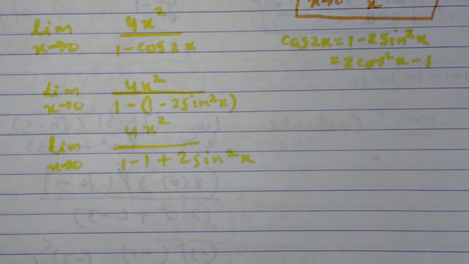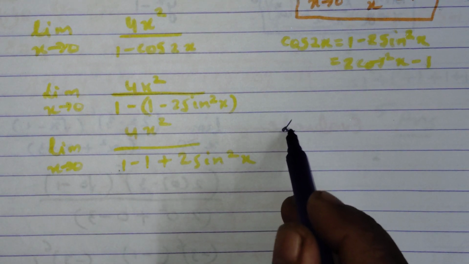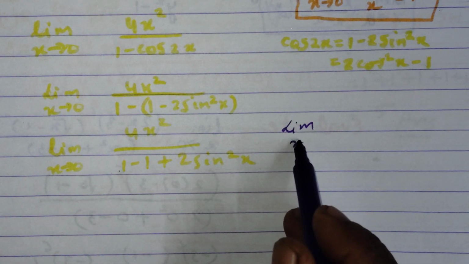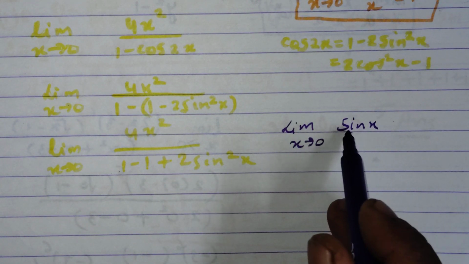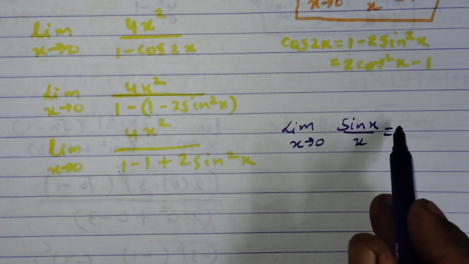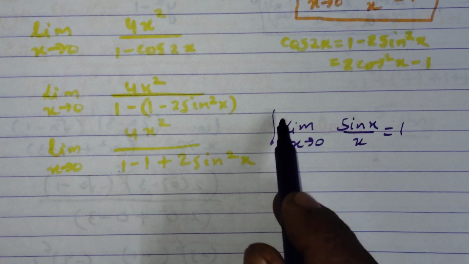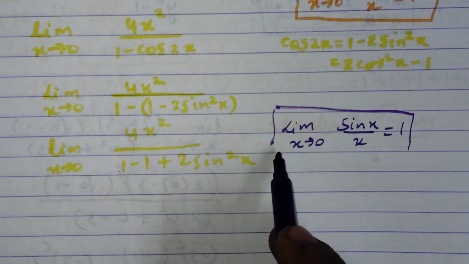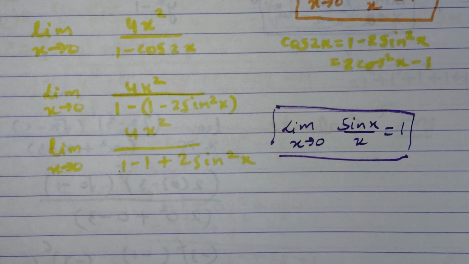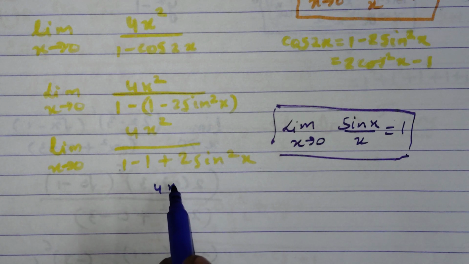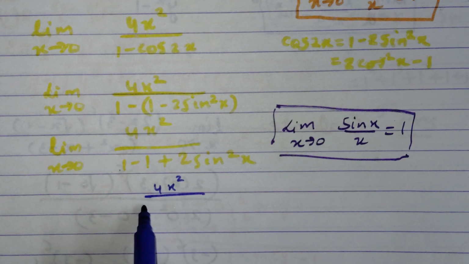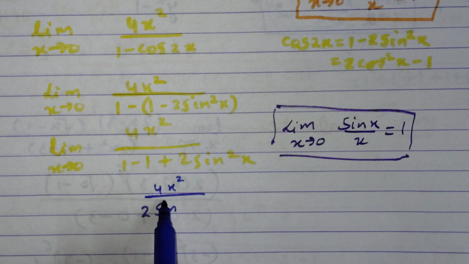Now the trigonometric identity in limits we are using is limit x tends to 0, sin x upon x, its value is 1. This new limit in trigonometry we are using.